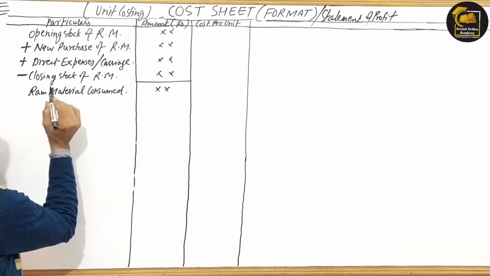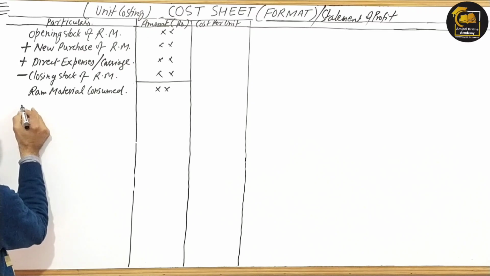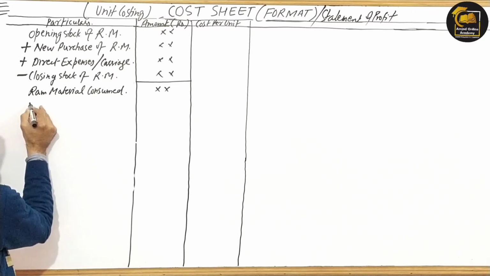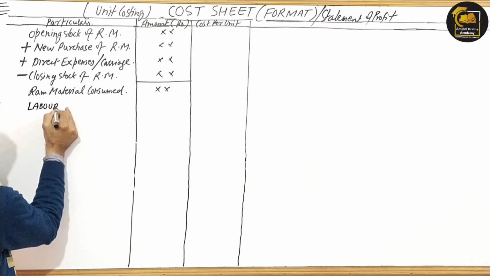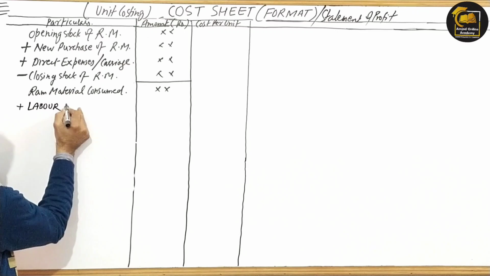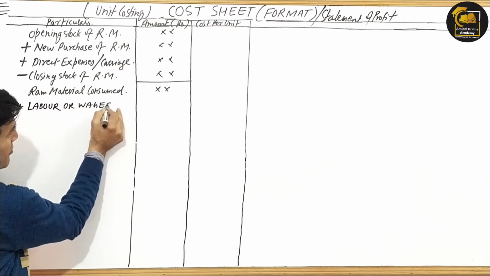Raw material consumed. After calculating the raw material consumed, you have to separately mention here the second component, that is labor, or you can say plus labor or wages.